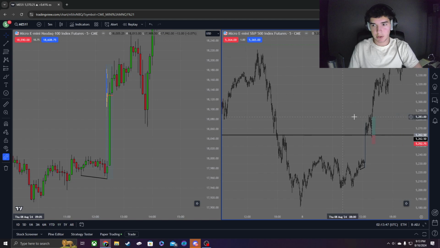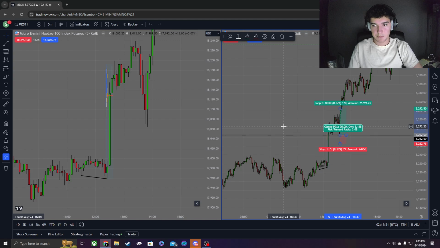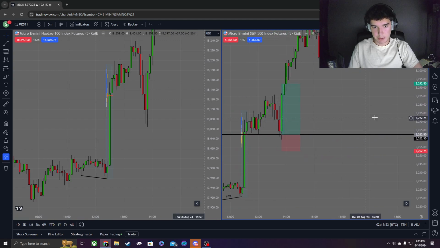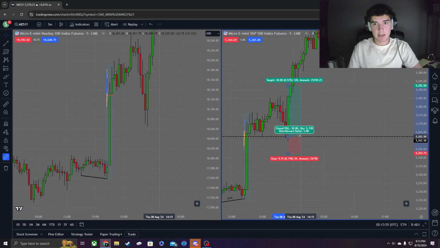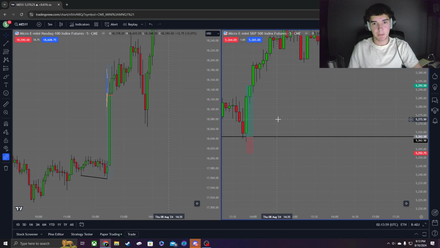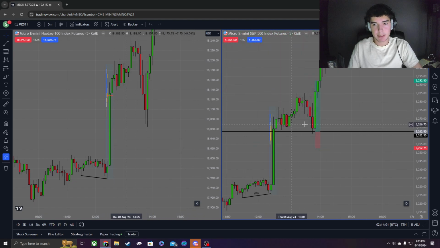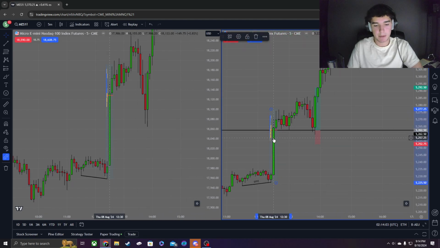And then I targeted this high right up there. And then this is the trade that I had, right? Took 2 candles, 10 minutes, and made 30 points on NQ in 10 minutes off an SMT and something as simple as a fair value gap, right?